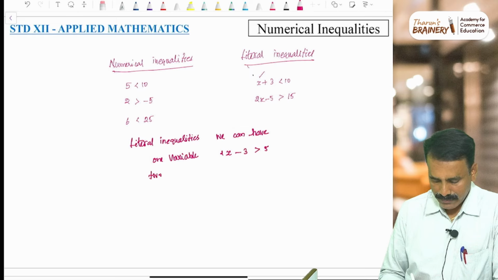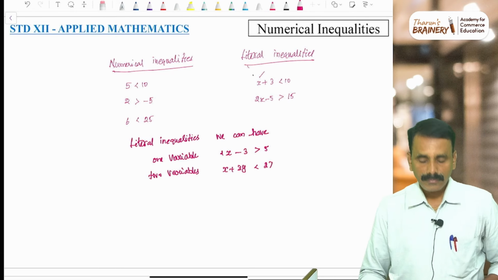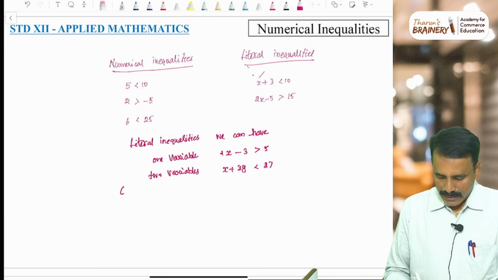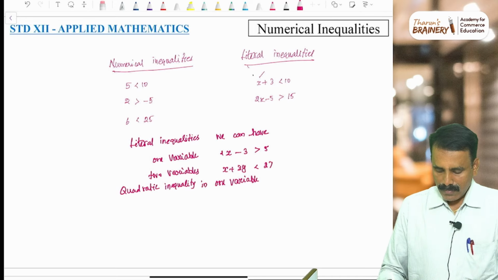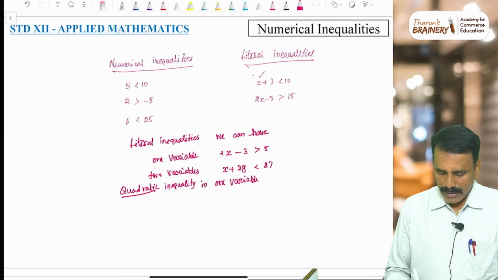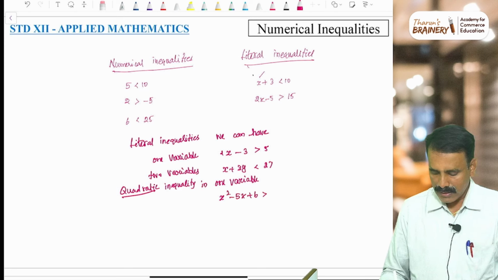Two variables we can have, x plus 3y less than 27. We can have quadratic inequality in one variable, quadratic degree 2, x square minus 5x plus 6 strictly greater than 0.